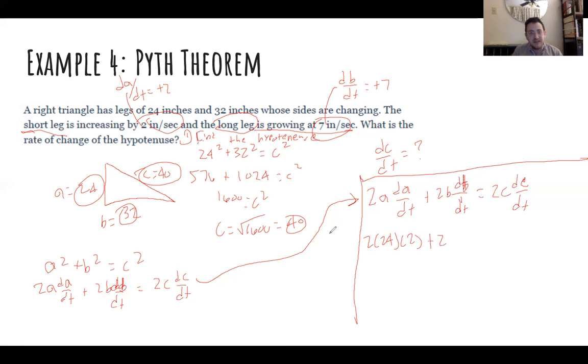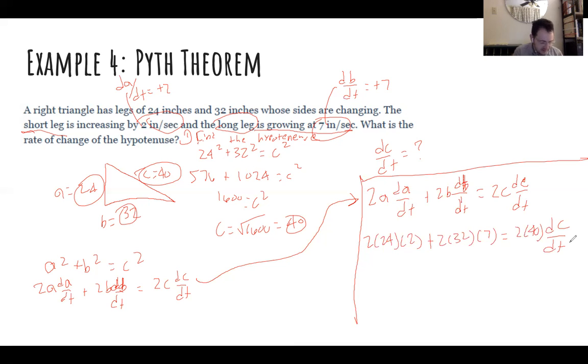Then my B is given to be 32, and my dB/dt is plus 7. And then my C is 40. I do not know what dc/dt is, but I can easily solve for that.